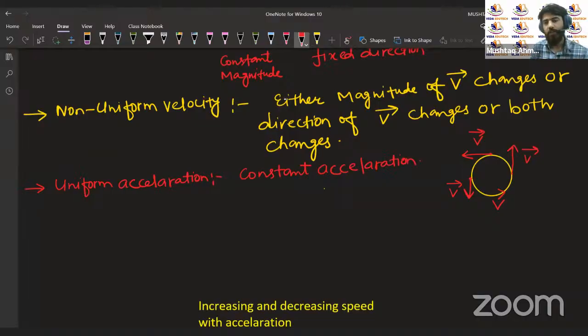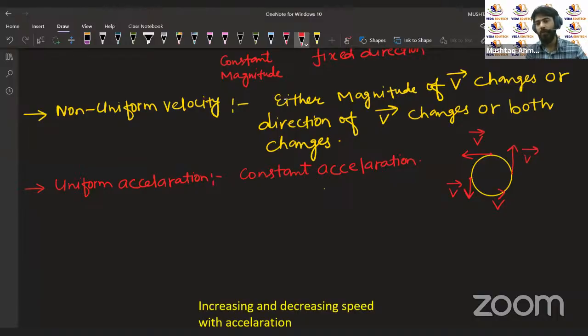By constant acceleration, we mean that neither the direction of acceleration is changing nor the magnitude of acceleration is changing, right? Both should remain constant in case of uniform acceleration, right?